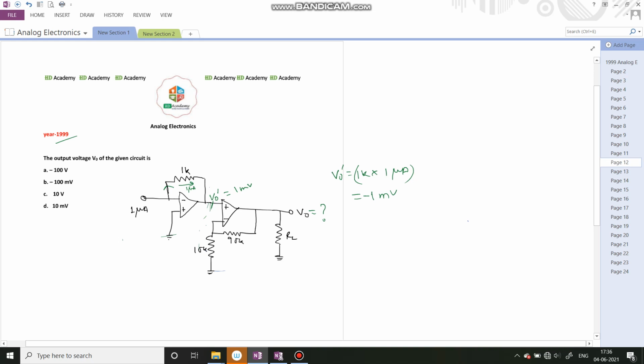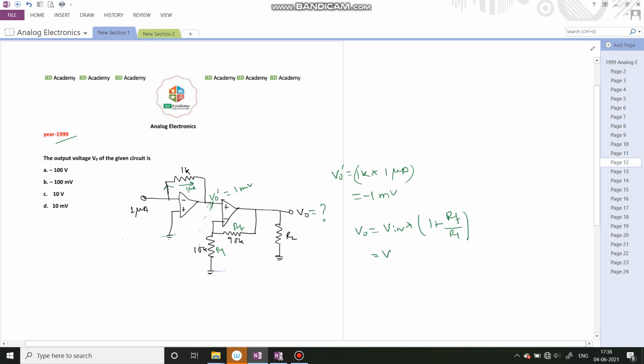Its gain is always V0 equal to V in into 1 plus feedback resistance RF by R1. Here RF is 90k and R1 is 10k, and V in is given. V in is this V0 dot.